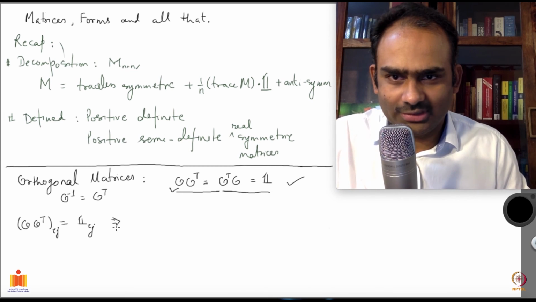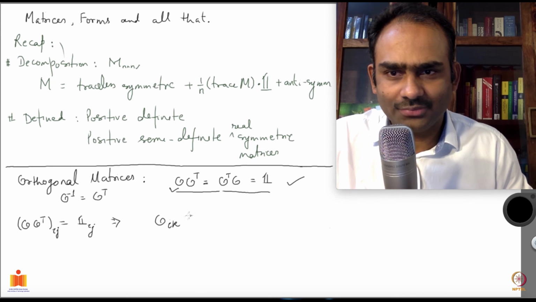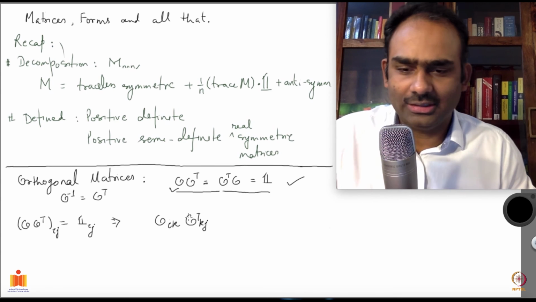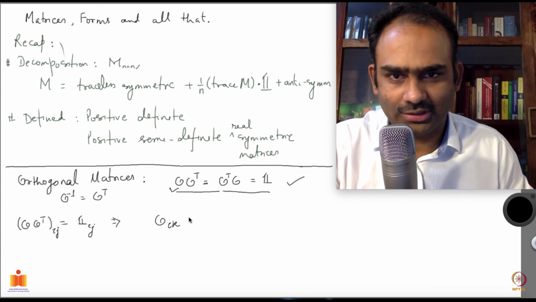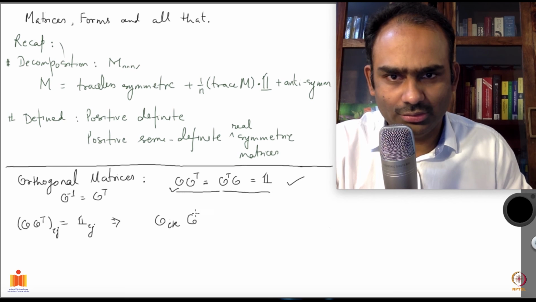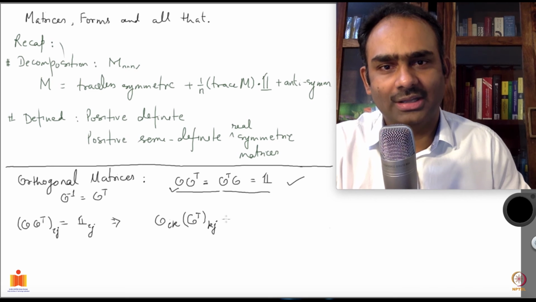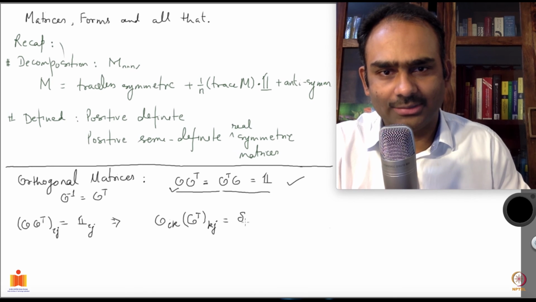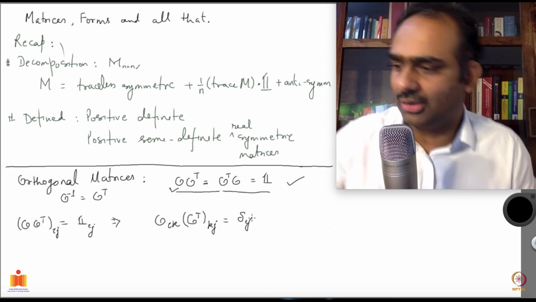So what does it become? It becomes O_ik, and let me be even more careful in writing this, O transpose, and we are talking about the kj element of the transpose matrix, and this will be delta_ij because that's what your identity matrix is.